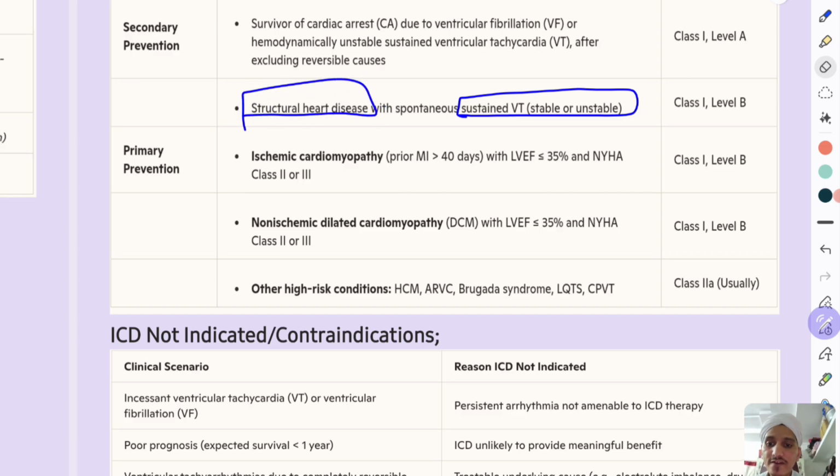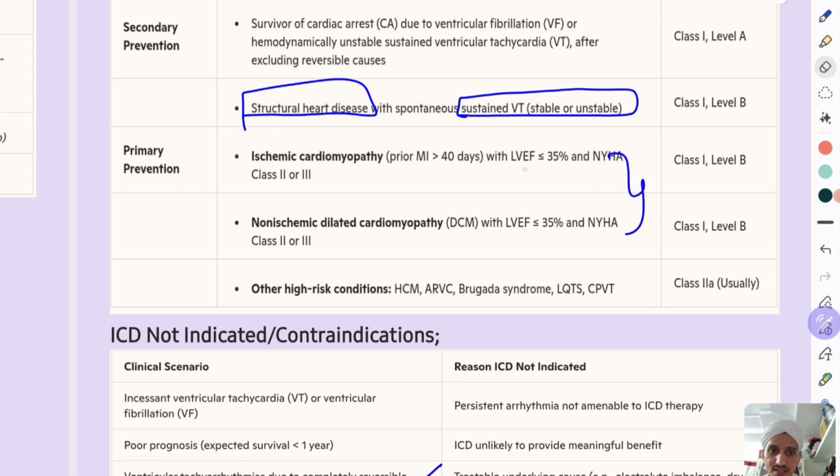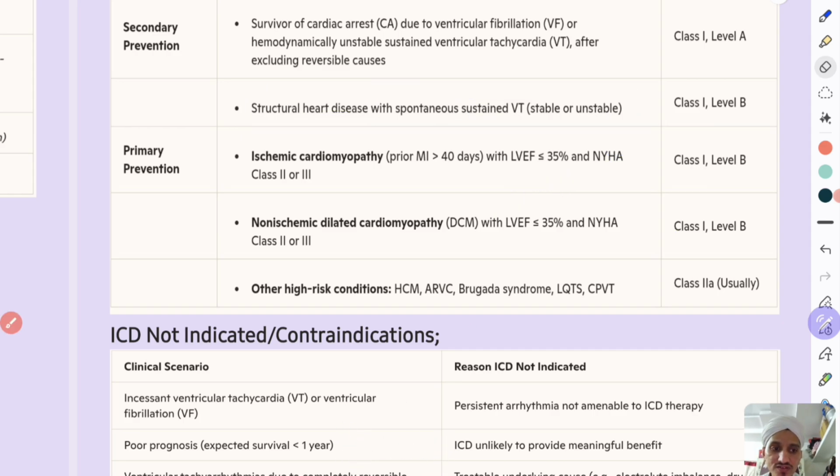They should have ICD, but ventricular tachyarrhythmias due to reversible causes, they should not have ICDs. That differentiation should be done. And in this, class 1 recommendation is there, but the expected survival should be more than 1 year. If it is less than 1 year, there is no benefit.